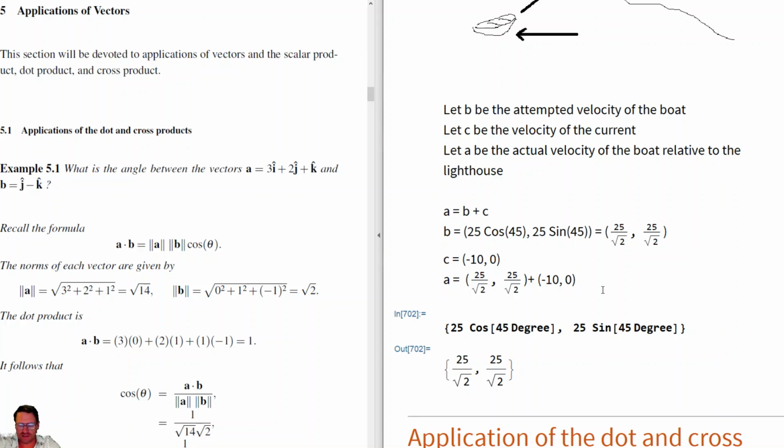All right, well that's easy. We just have 25 on root 2 take 10, comma 25 on root 2. Now you could also calculate the magnitude of this, but it might be easier at this point to approximate this vector.